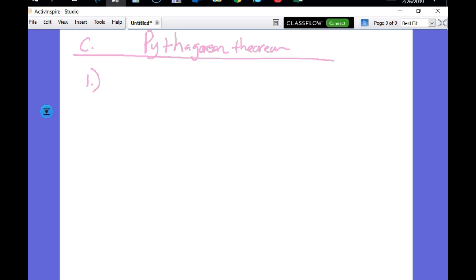It doesn't have to be any kind of special triangle, though. It works on all right triangles. So, we'll call the legs A and B. We'll call the hypotenuse C. And you guys know Pythagoras Theorem by now, I'm sure. A squared plus B squared equals C squared.